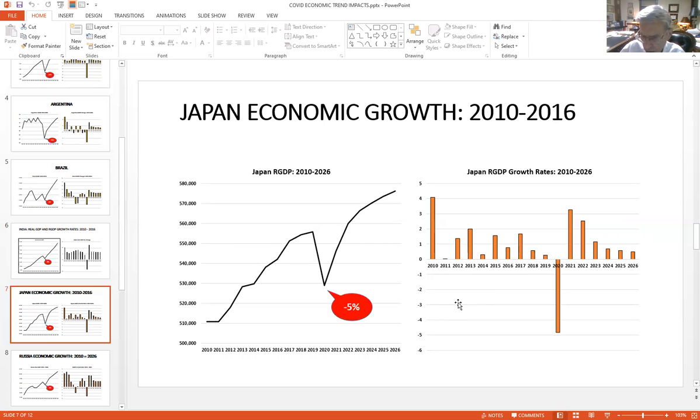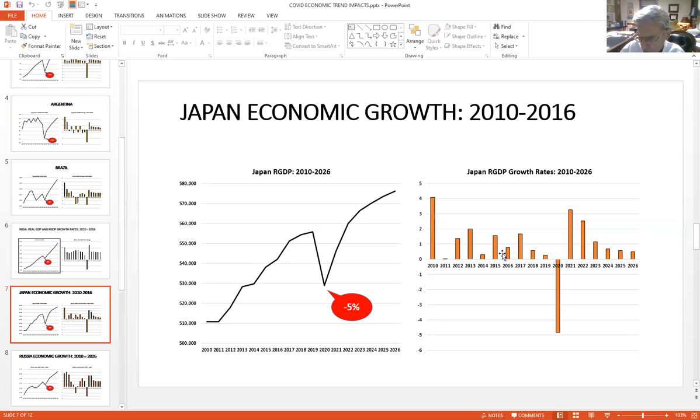Japan's is a very mature economy. It has more senior citizens than any other major country, and the economy actually is declining over a long-term basis.